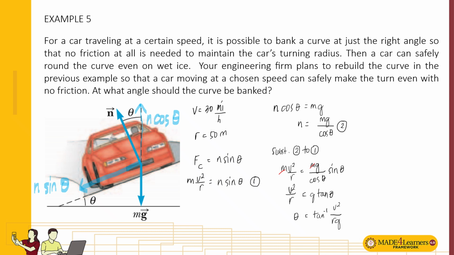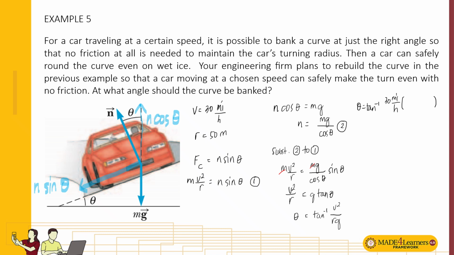So plugging in the values, velocity or speed is in miles per hour, while our radius is in meters. So let's convert that 30 miles per hour into meters, or kilometers. And since acceleration due to gravity is meters per second squared, let's also convert the hours to seconds.